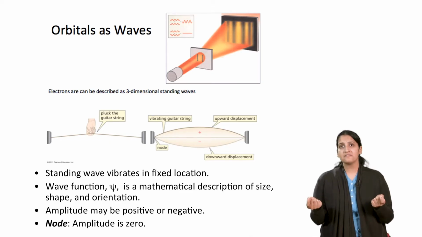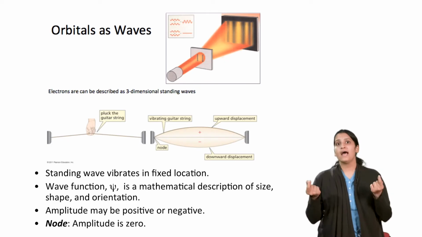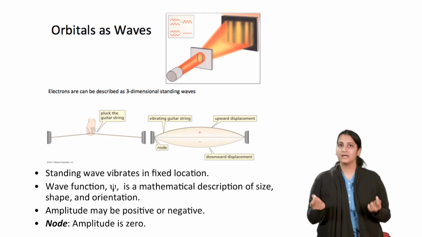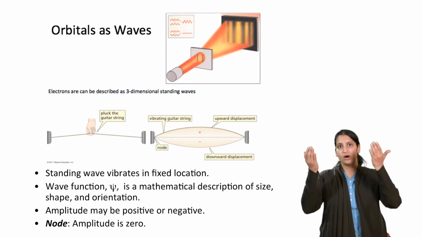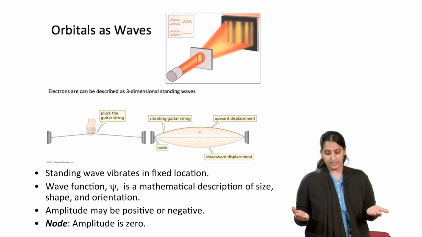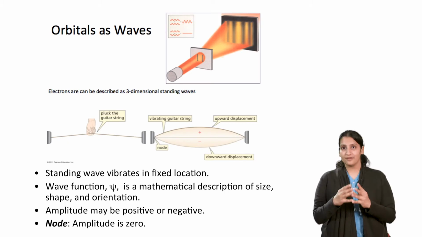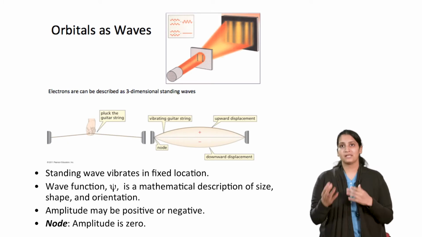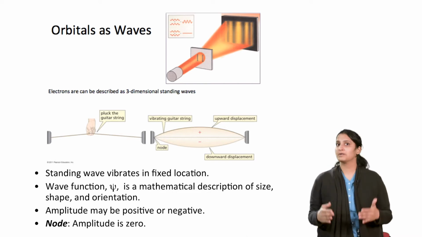Standing waves vibrate in a fixed location. You can think of it as a guitar string that is vibrating up and down. You can see that the amplitude can go up and down and really can have two phases, positive and negative. And in our case, we are going to represent a wave function psi, which is a mathematical description of the size, shape and orientation of this particular wave.